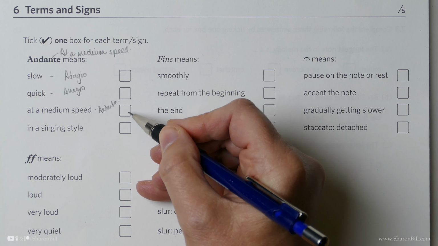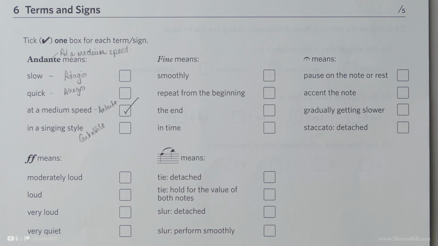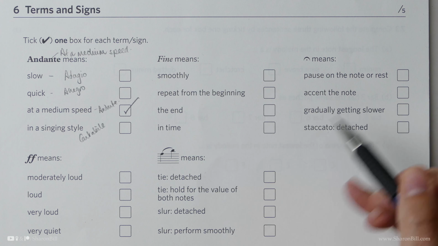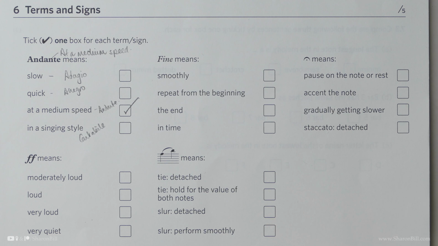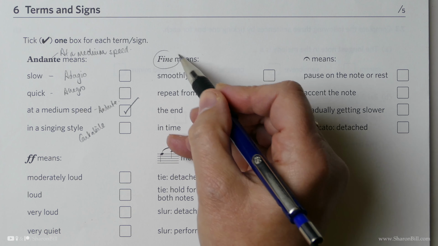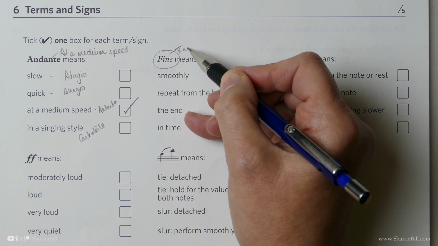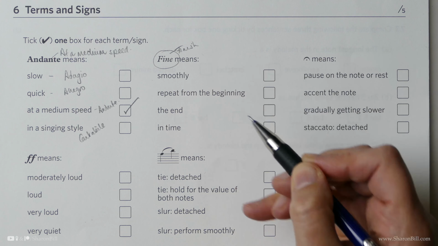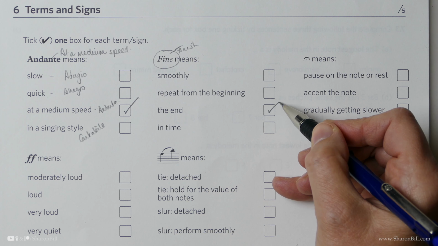In a singing style is cantabile. Perhaps when you've gone through this, it would be a good idea to give all of these their full definition. Fine is easily remembered if you remember it looks like the root word for finish. It's the end, it's finished, and so that gives us the answer quite easily.